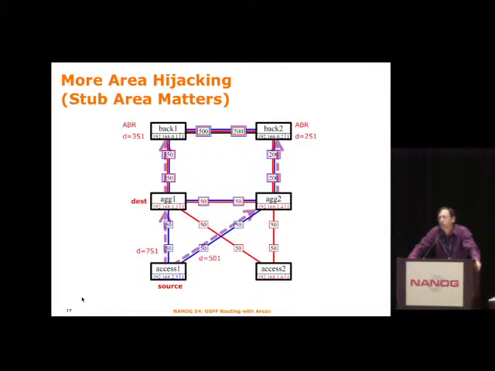And the route through back 2 is the shorter one. So it'll forward its traffic towards aggregator 2. But when the traffic gets to aggregator 2, it now sees that it has an intra-area path in the red area, so it will forward directly there. So you end up with another type of hijacking that results in this a little bit unusual looking path.